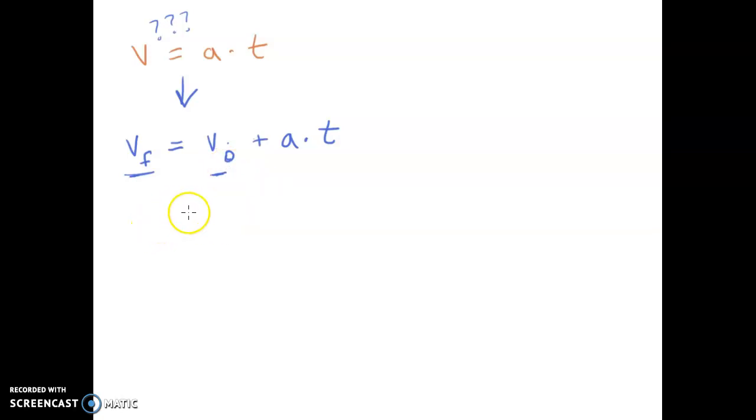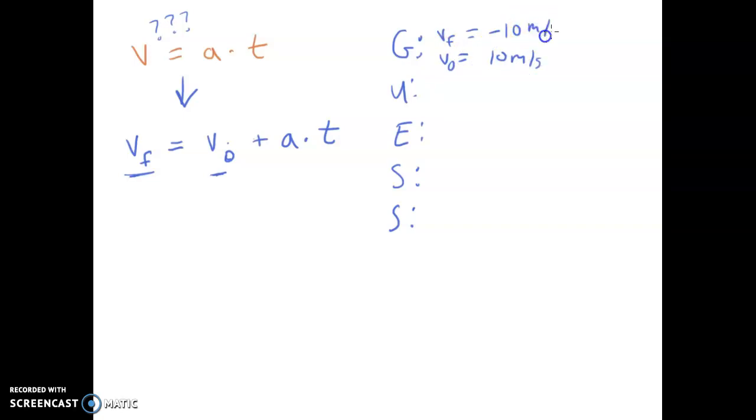In fact, let's go back to this last question and think about solving for acceleration. So we know that in this question, this person was walking at a final velocity of negative 10 and an initial velocity of 10 meters per second, and they did it over 5 seconds.